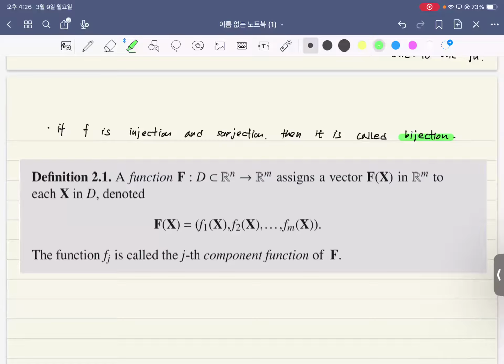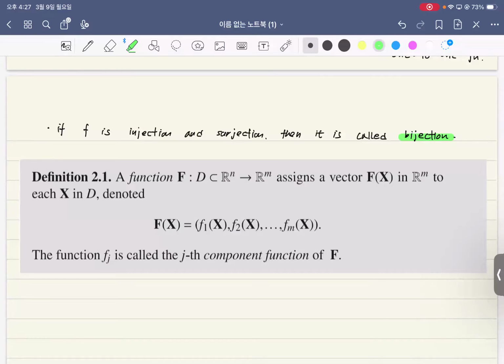In particular, if your function has codomain R, then we say it is a real valued function. But this is a vector valued function. So in other words, every vector valued function whose codomain is Rm must have m component functions, and each of these component functions is a real valued function.